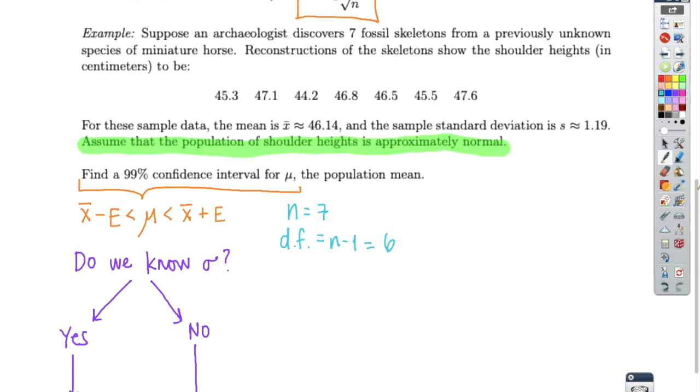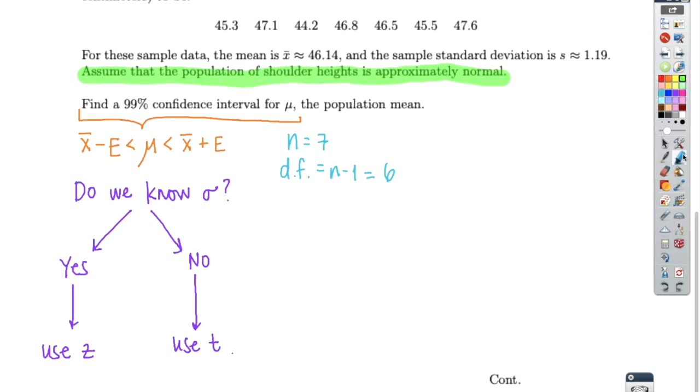So in this case, if we go down our little decision tree, do we know sigma? Well, no, we know S. So we're in this branch, and we're going to use t. The formula that we're going to use for the error has the critical value with t, times S over the square root of n.